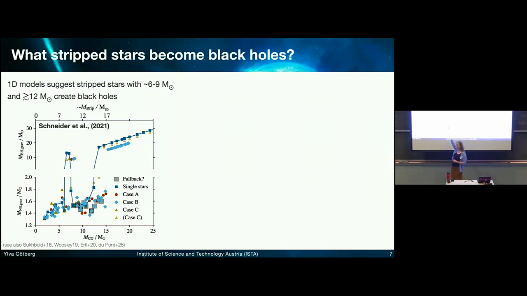And you can see that there is an island of inexplodability, what's the name, no, Adam? Here around 7 solar mass strip stars. And depending a little bit on the 1D models, this island moves around a bit. It's somewhere between 6 and 9 usually in 1D.